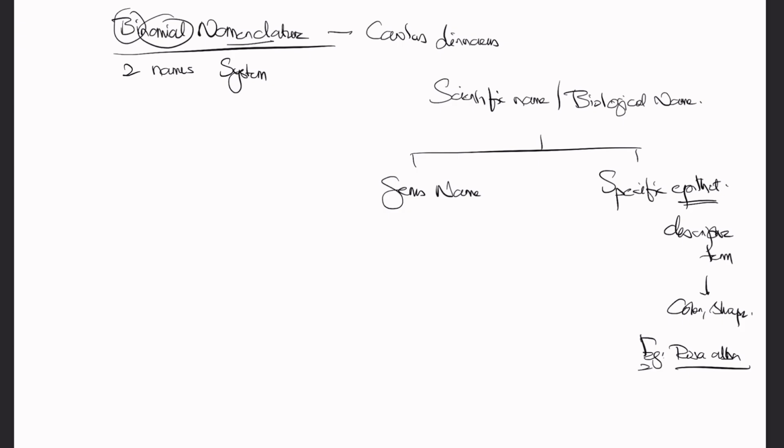And some points regarding this binomial nomenclature is, genus always starts with capital letter and specific epithet starts with lowercase letter.